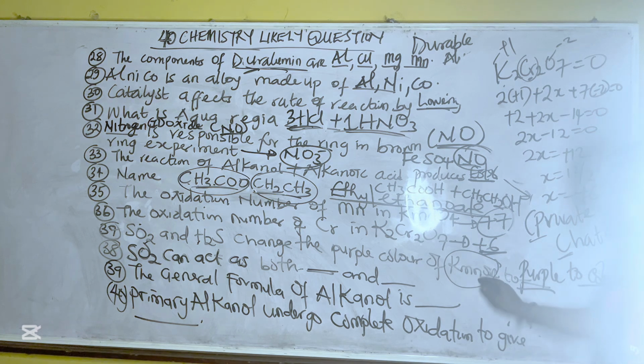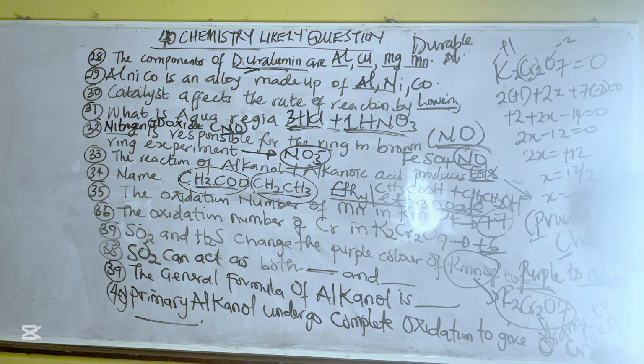If it is not this one, if it is K2Cr2O7, you understand? If it is K2Cr2O7, it will change from orange to green.